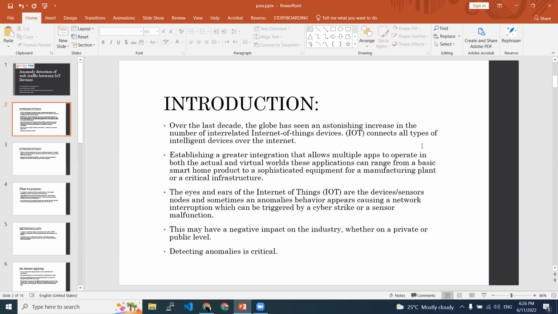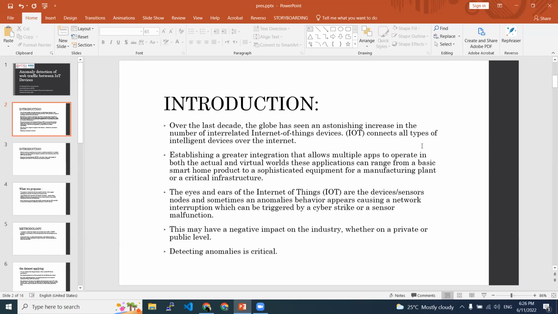For example, if we have a bank payment service or a factory line, if there is any problem, we must know and find the issue.